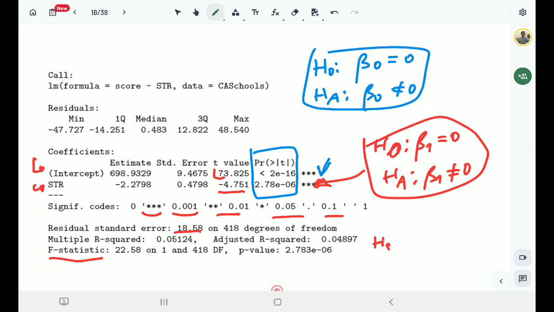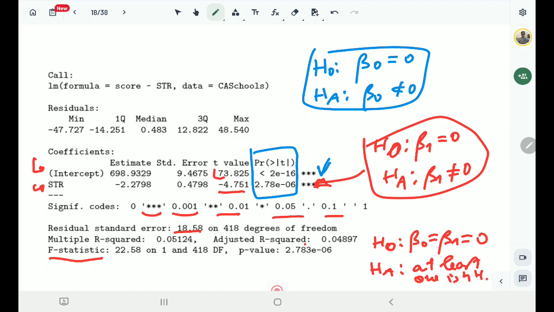Meanwhile, the F statistic is used in the context of the joint hypothesis about beta 0 and beta 1, the joint equality of these to 0. Beta 0 and beta 1 are both equal to 0. This is a joint hypothesis test, and the alternative is that at least one is not.